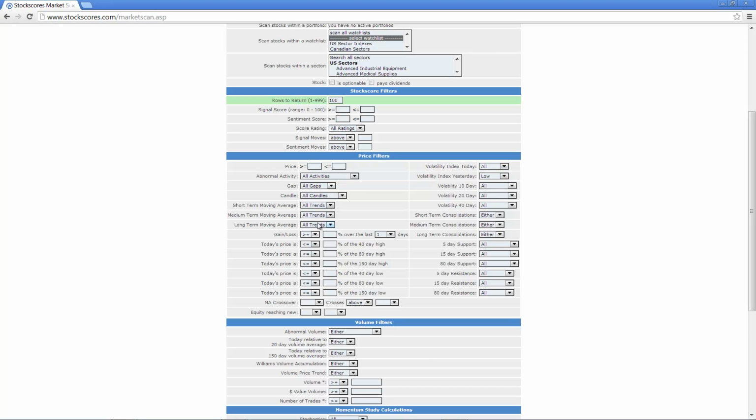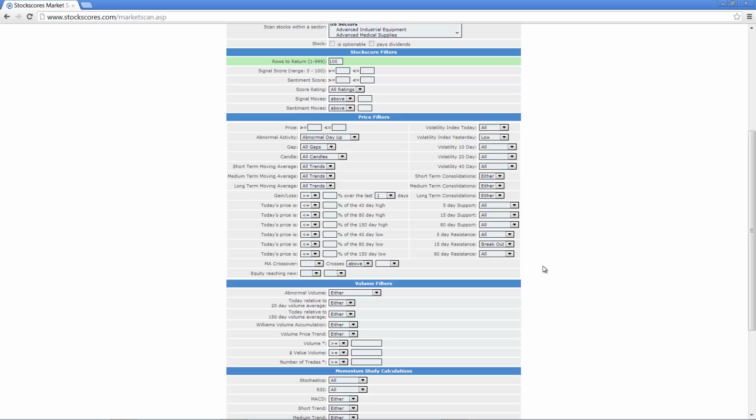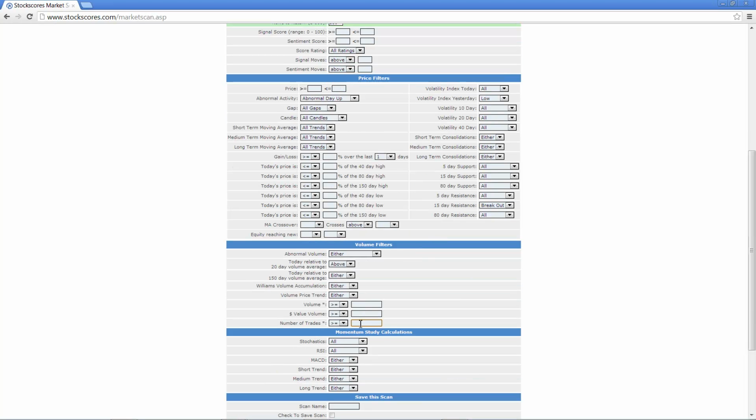We could add in that we want an abnormal price gain through resistance, let's say 15-day resistance, with stronger than normal volume. So I can say today relative to 20-day volume average, put that to above. I want stocks that are reasonably liquid. I could say at least 250 trades a day. So these are the kind of things that you can do and combine, which is what makes it so powerful.